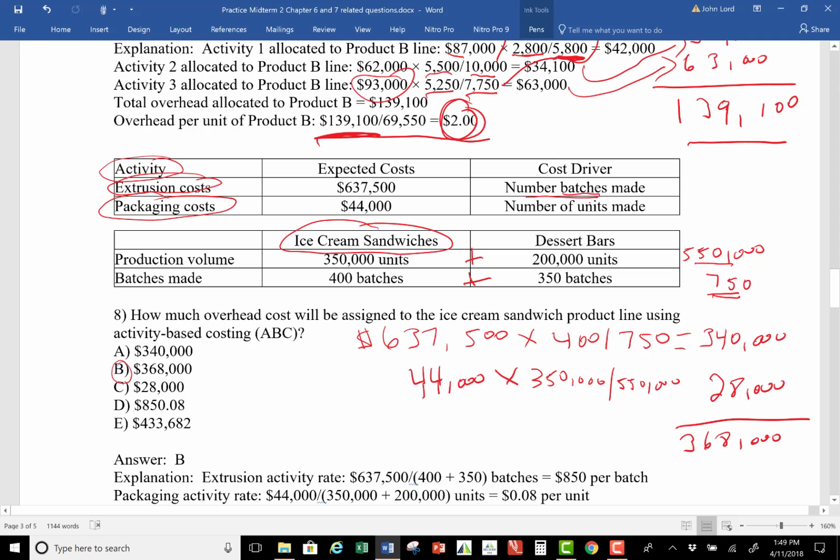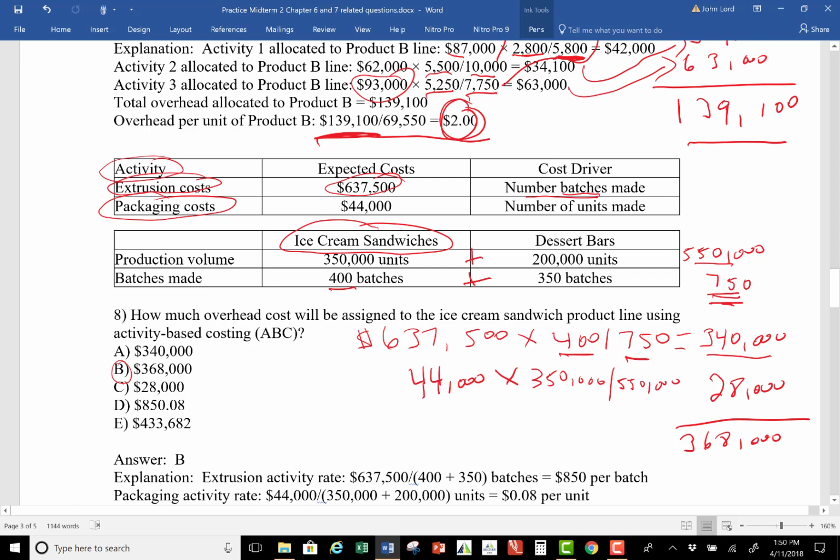So if we want to figure out how much of the extrusion costs to allocate to ice cream sandwiches, we take the base of 750, that's driven by batches, and ice cream sandwiches had 400 of those 750 batches, so for extrusion costs of 637,500, 340 goes to the sandwiches, right?